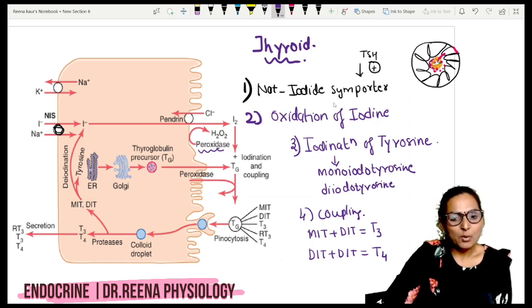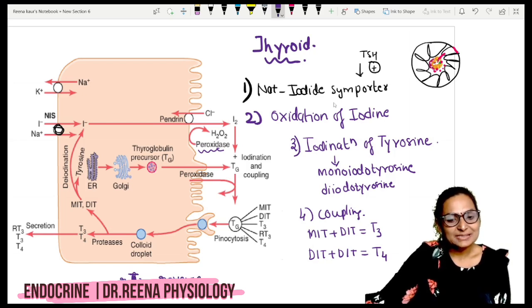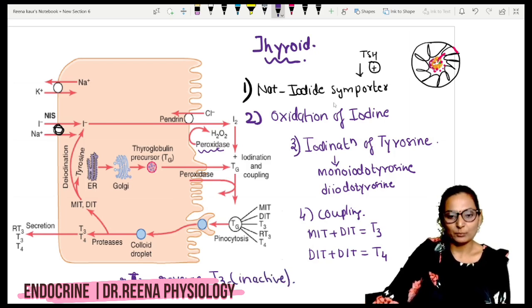A very small amount of RT3 is formed, which is called reverse T3, which is actually an inactive compound.